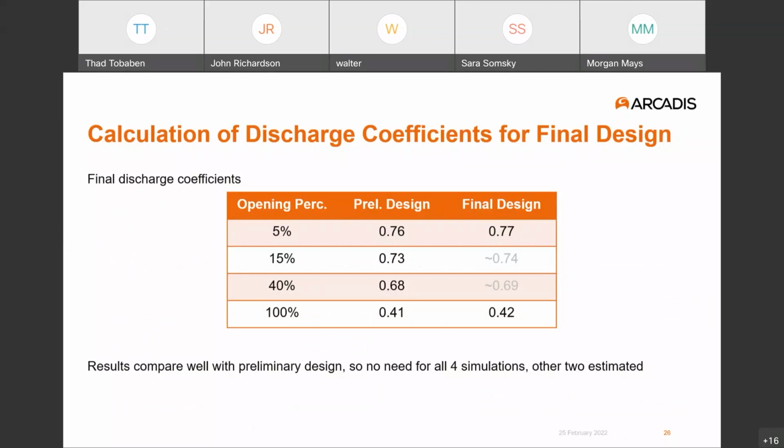With the updated design, the discharge coefficients really didn't change much. For that reason, the 2 middling cases were not computed, and instead we essentially scaled the results of those discharge coefficients and used them in subsequent lock fill calculations.